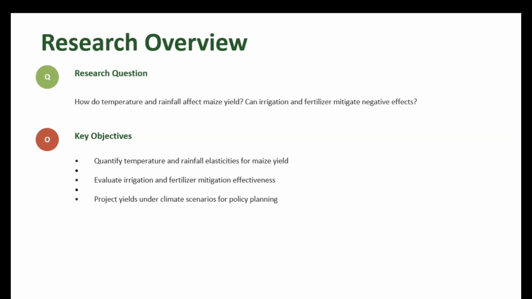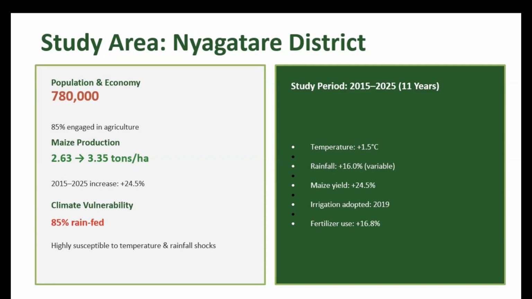Everywhere you need an objective, you need to start with "to": to determine the projected yield under climate scenario for the policy planning. So you need a verb in affirmative to make a good objective. And as long as you have three, we need to remove one objective here. It's a red flag. You see?